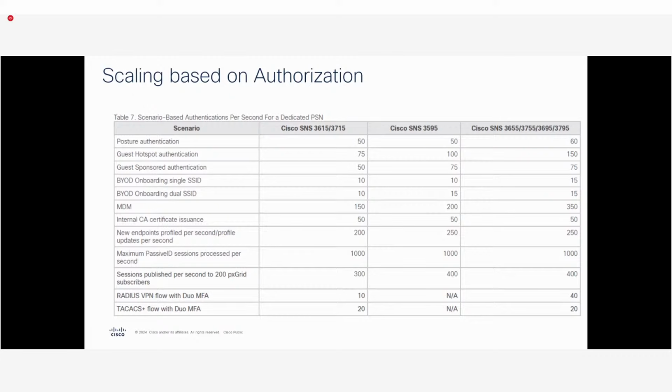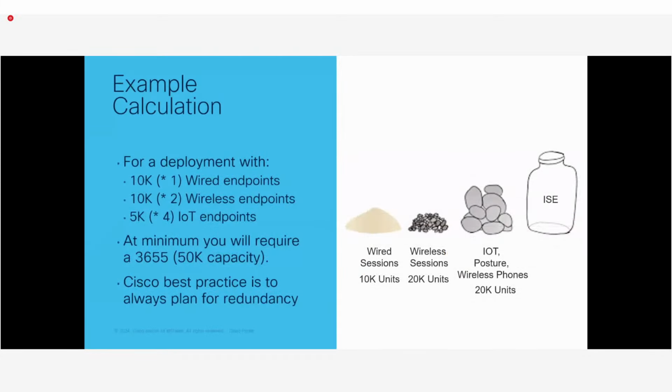This is directly reflective of the idea of thinking about endpoints as units. So let's go into an example calculation. We know that a wired device, as opposed to a wireless device or a posture IoT device, is going to be relatively straightforward. We plug in this wired PC, this wired Mac device, and it will try to authenticate to ICE.